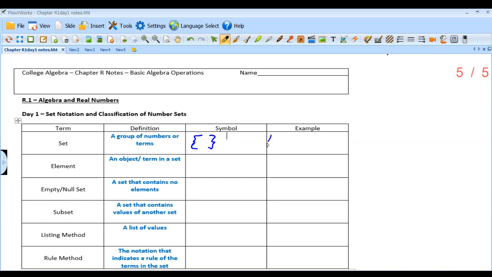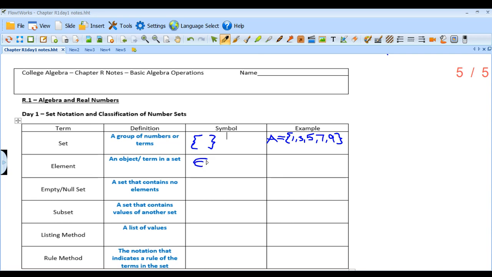Now, an example of a set is going to be named by a capital letter. So for example, if I say the set A contains these numbers, 1, 3, 5, 7, and 9, these are all part of that set A. An element is an object or term in a set.